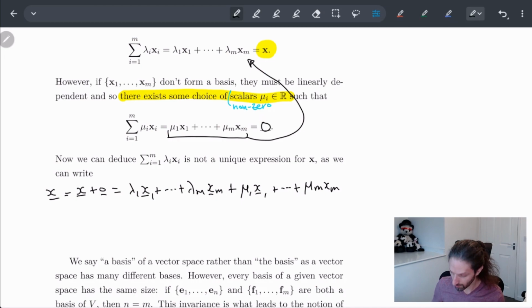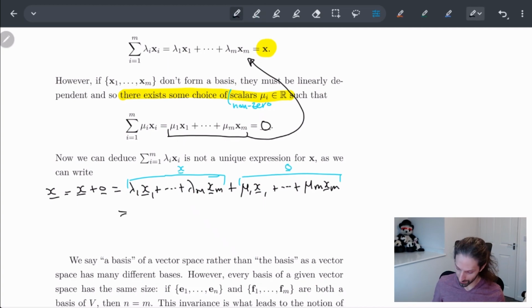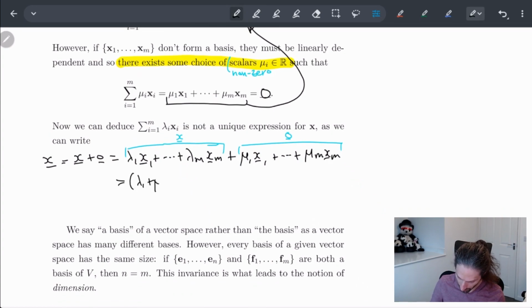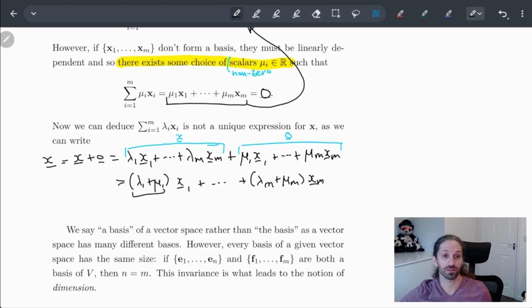And if we add these together, these are just other scalars, right? So here's another way to write x. So it's no longer unique, and that becomes problematic. That's why we really require this linear independence there.